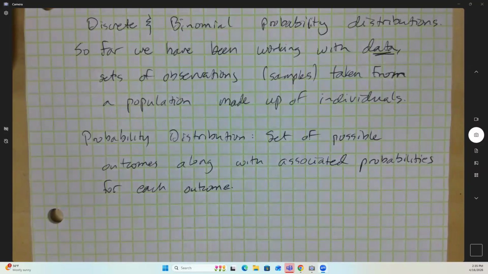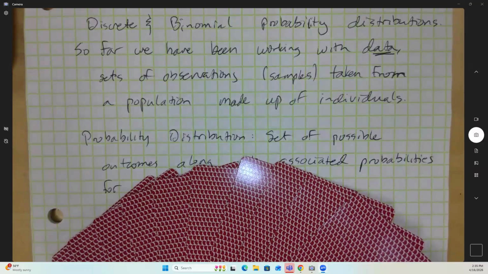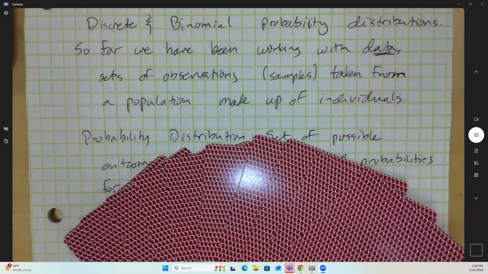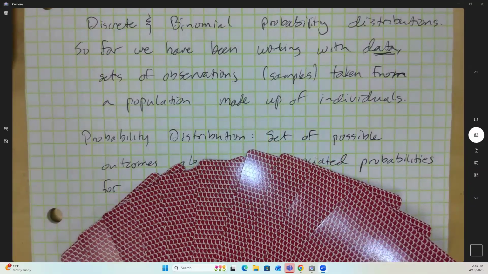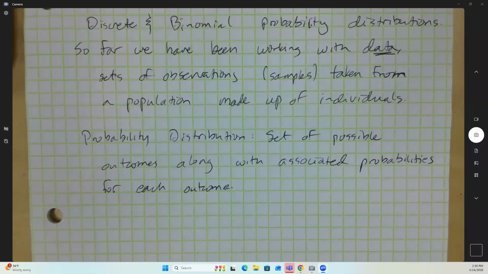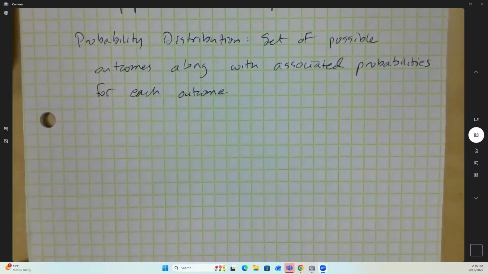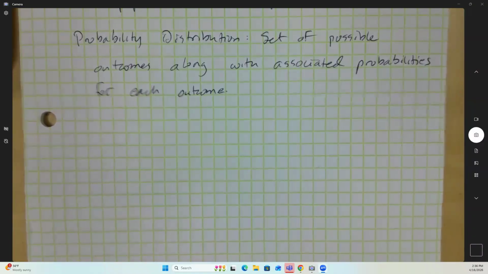And the first thing we're going to do actually is we're going to get a set of cards and generate some data from this probability distribution. So you can follow along if you want. As soon as I draw the first one, I'm going to pause the video because I'm going to be walking around the classroom.